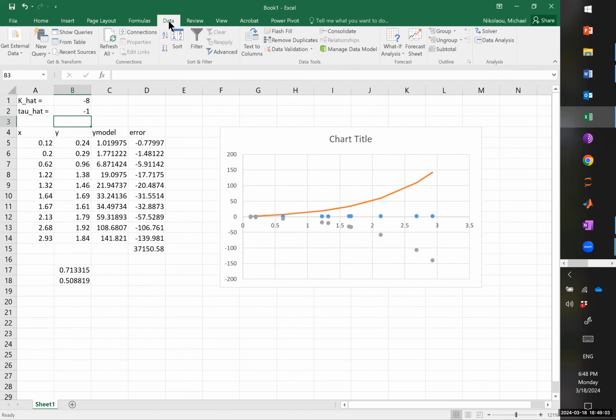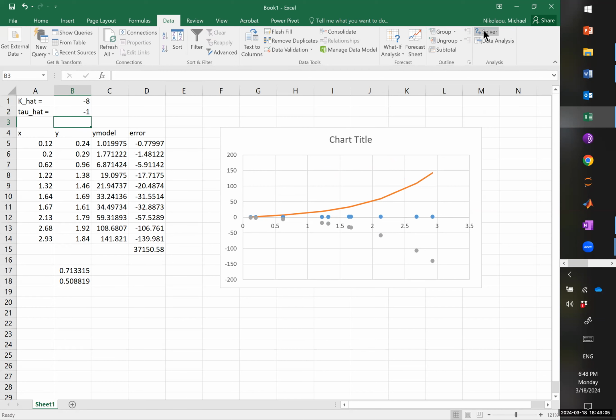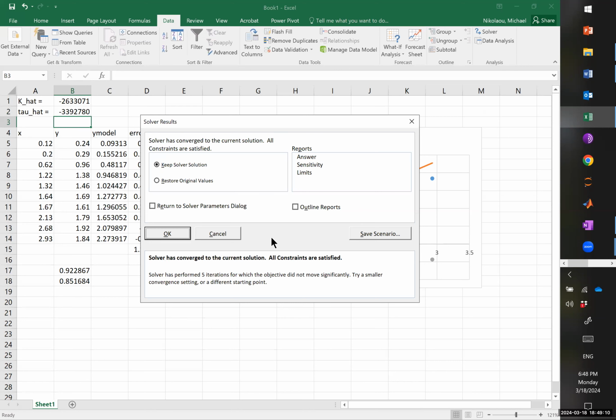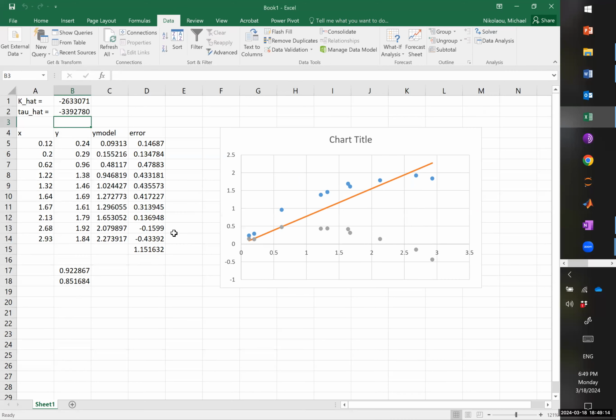So the solver, it's the same thing. If you ask it to solve, the model says, yes, I converge to something that fits the data nicely. This is the least square solution. It's an optimum to which Excel converged, but it's because this regression problem is nonlinear and has a number of optima.